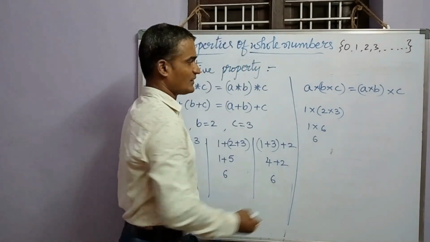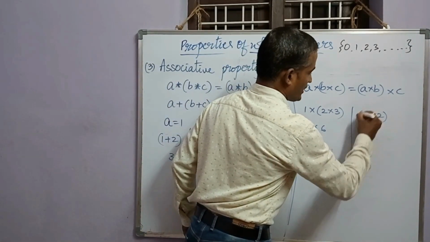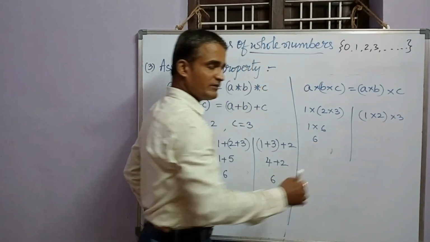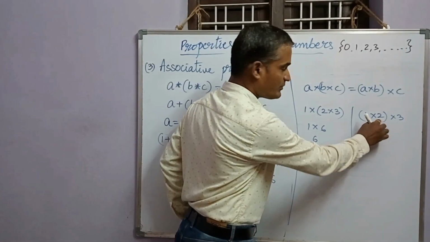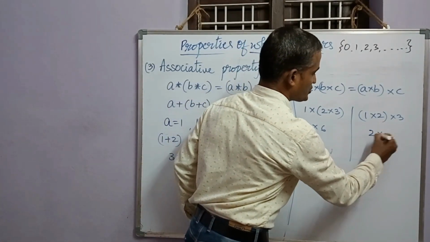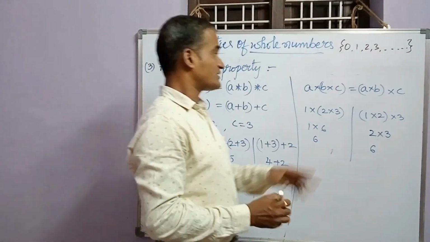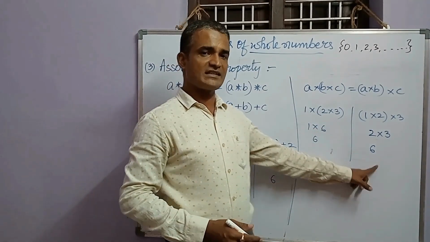Here, following the BODMAS rule, the bracket comes first: 1 into 2 first, then 2 into 3, 2 threes are 6. So when you multiply three numbers in any order, the answer is the same.